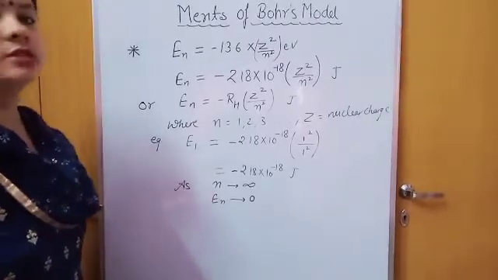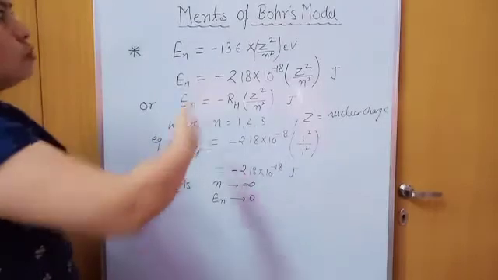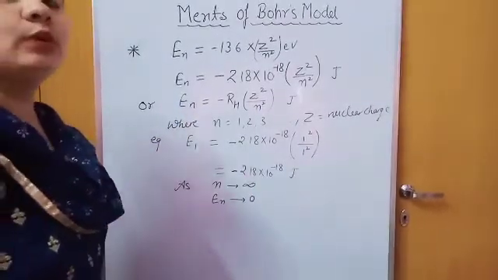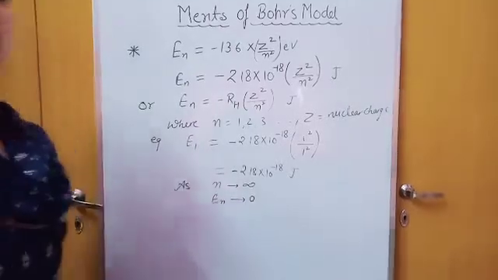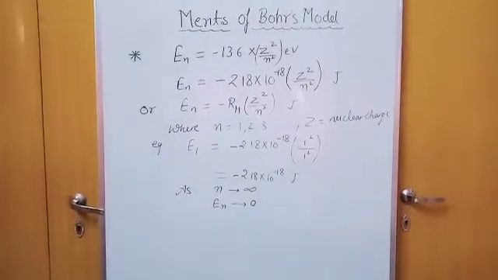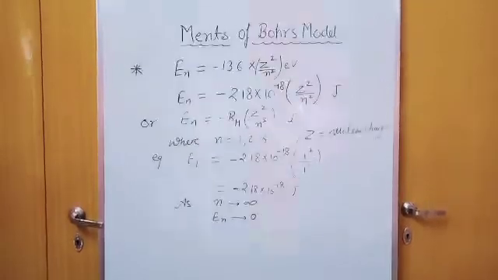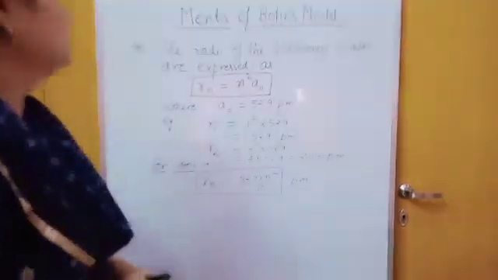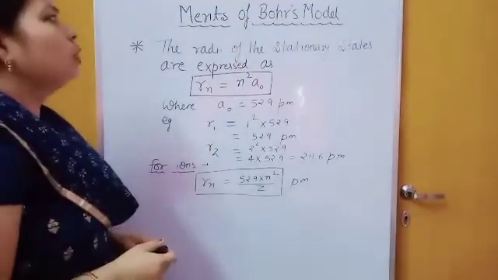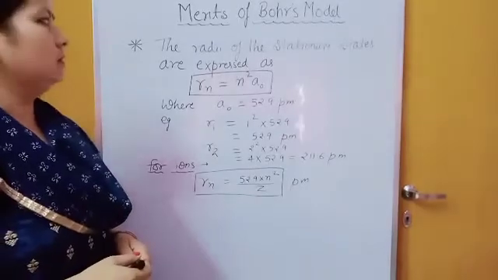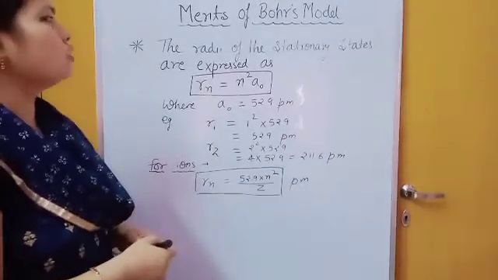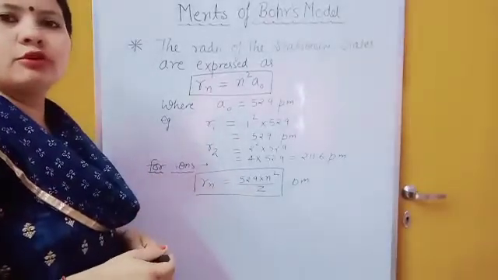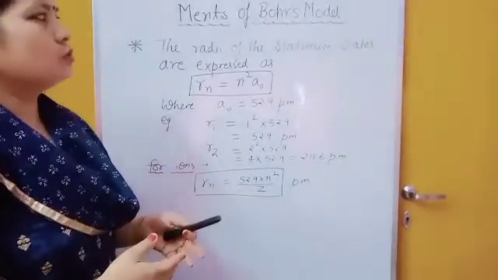Now this one is regarding the merits of the Bohr model. The Bohr model helps in calculating the radius of the orbit. Another merit we have is that the Bohr model helps in calculating the radius of an orbit. The formula for calculating the energy of different orbits we have already done.